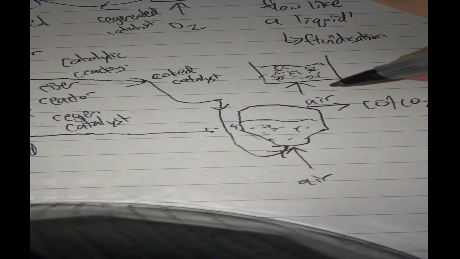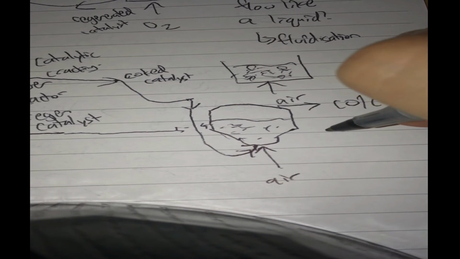So your catalyst is going to need to spend a longer time reacting or burning, getting that carbon burnt off, so that it can be regenerated. And that longer time means it needs to spend longer in the reactor, and that means you need a bigger reactor volume. So this will take anywhere from 10 to 15 minutes.